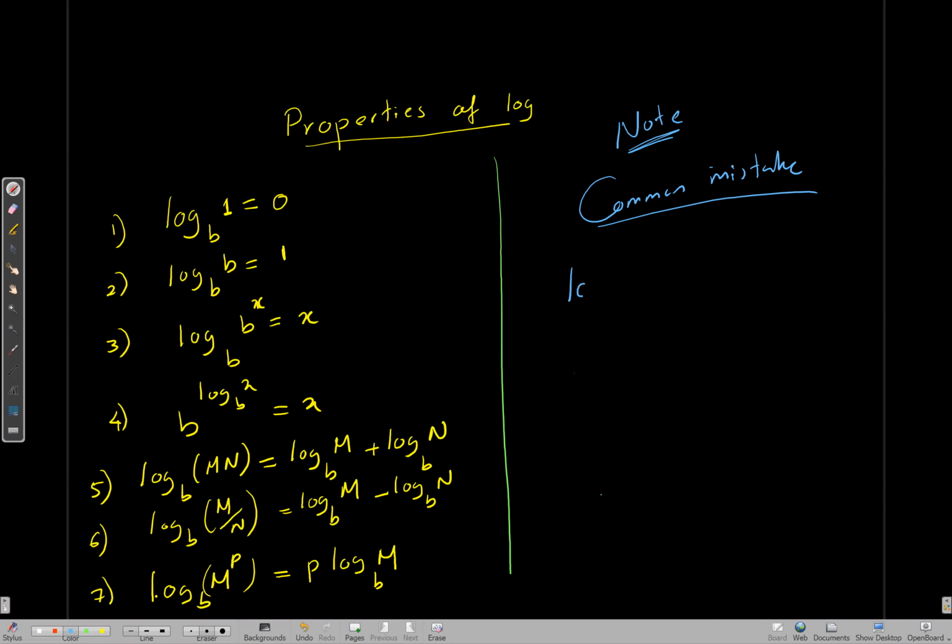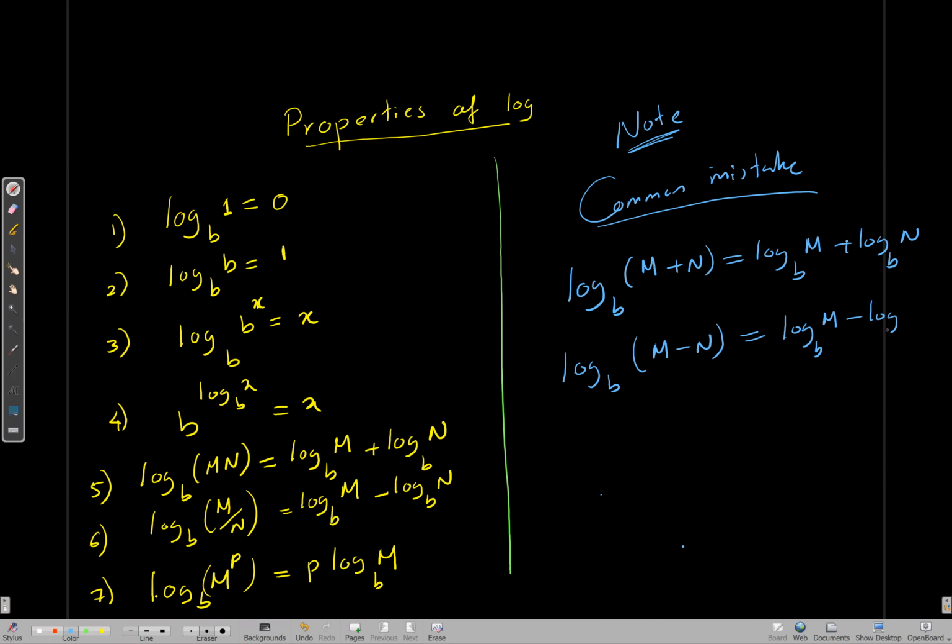So log base b (m plus n) equals log base b m plus log base b n, and log base b (m minus n) equals log base b m minus log base b n. This is wrong. Even though I write it, don't do that.